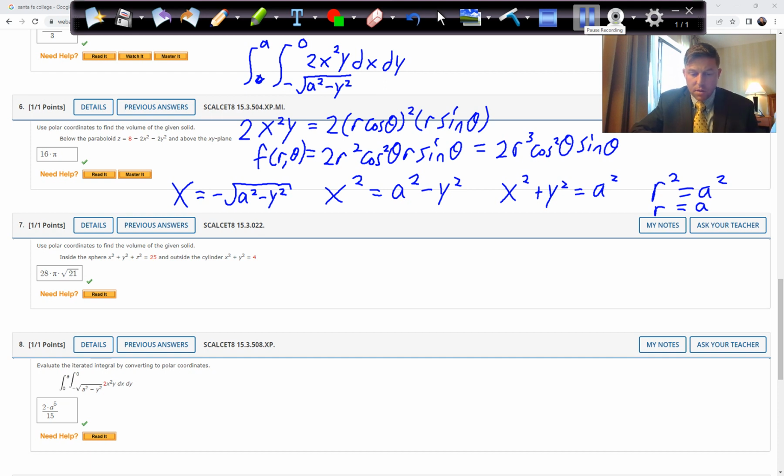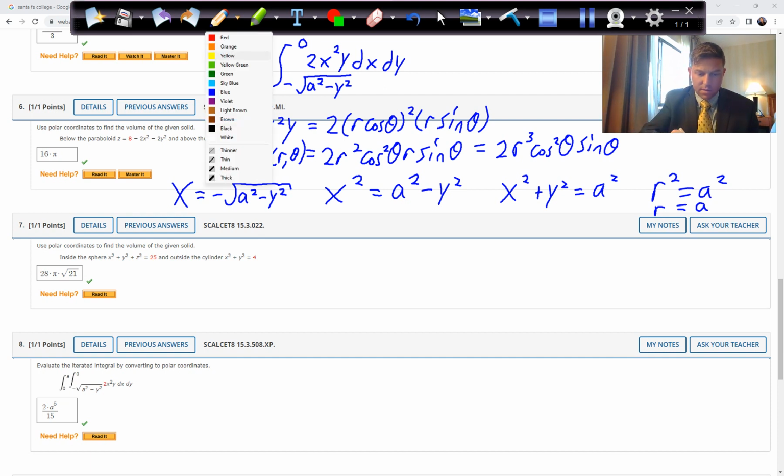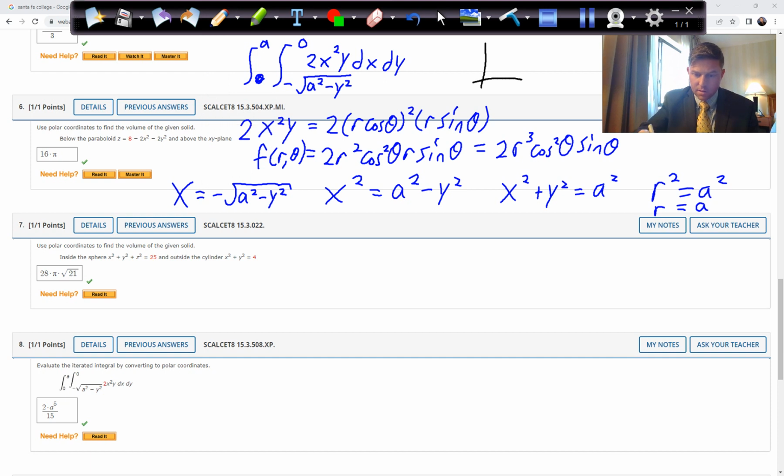Okay, now for theta, if our dy goes from 0 to a, let's write this. On the y-axis, they're saying y goes from 0 to some a value. Positive a must be along the positive y-axis. In terms of theta, that means I'm starting at the x-axis and going to the y-axis.